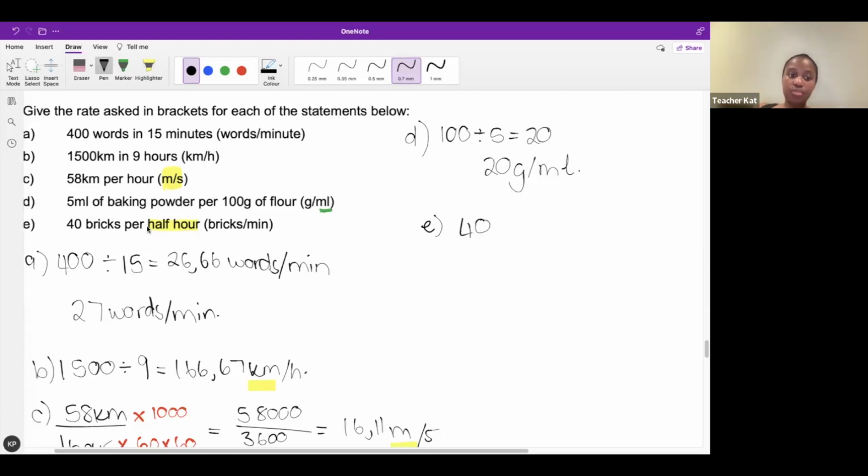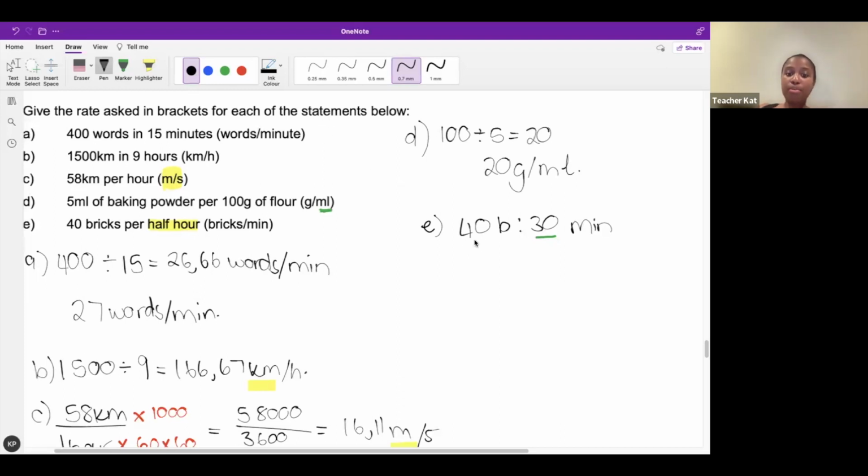I'm saying it's 40 bricks per 30 minutes, and I want to know for 1 minute. So how do I get from 30 minutes to 1 minute? If you times by 30, no. There we go, Caleb, there we go.